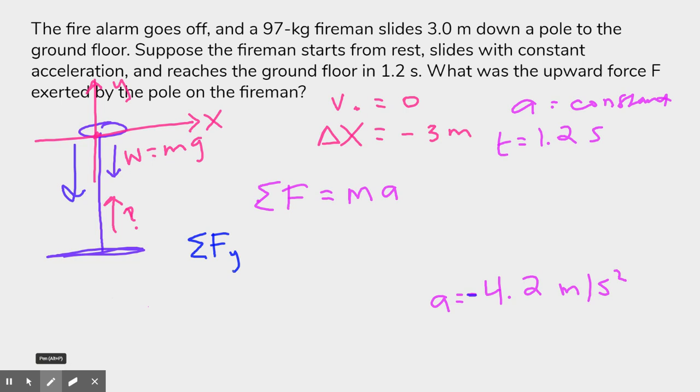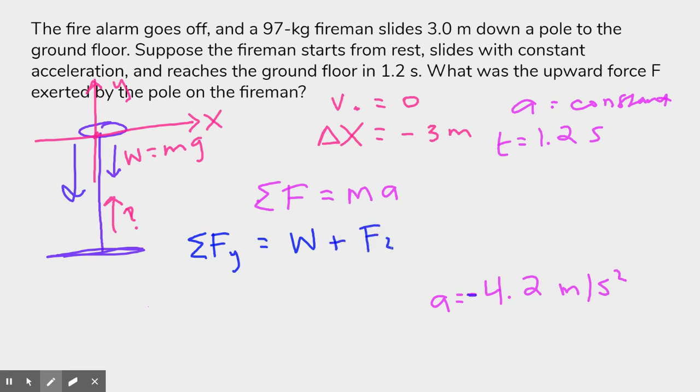Nothing's happening in the x direction, so we're just focusing on the y direction. And in this direction, we know that we have a force from weight, and we know that we have some other force, which we will just call F2.